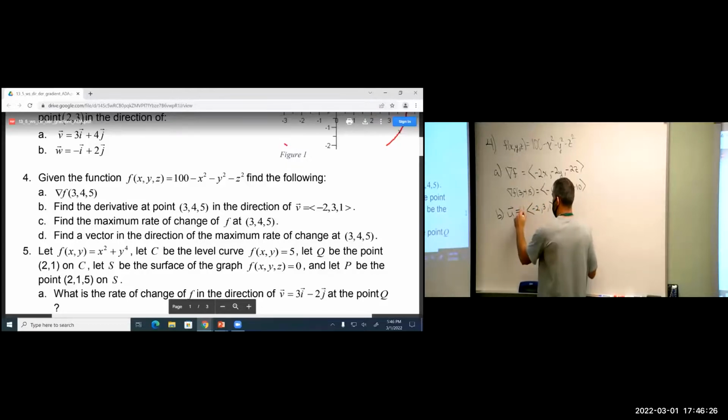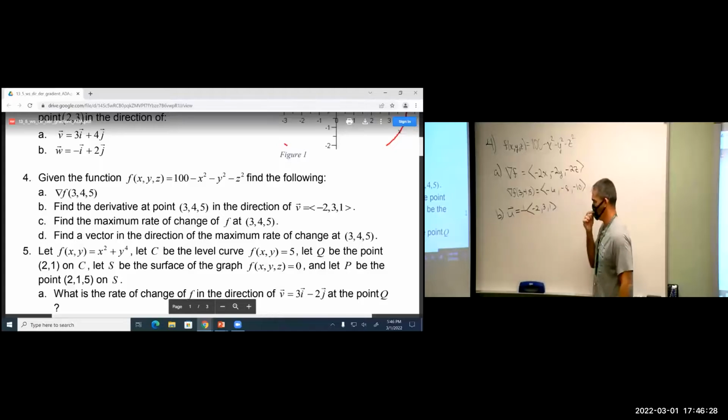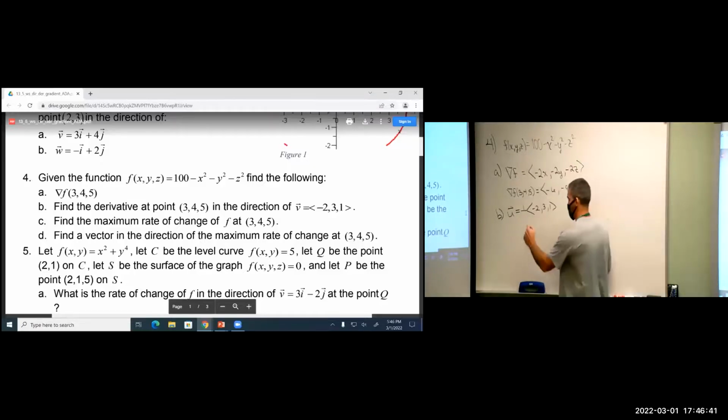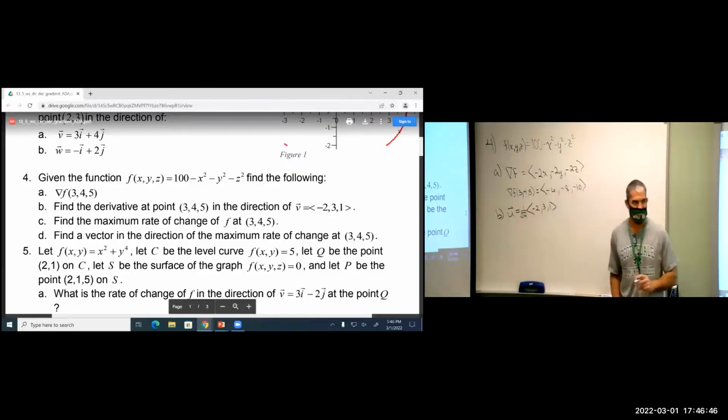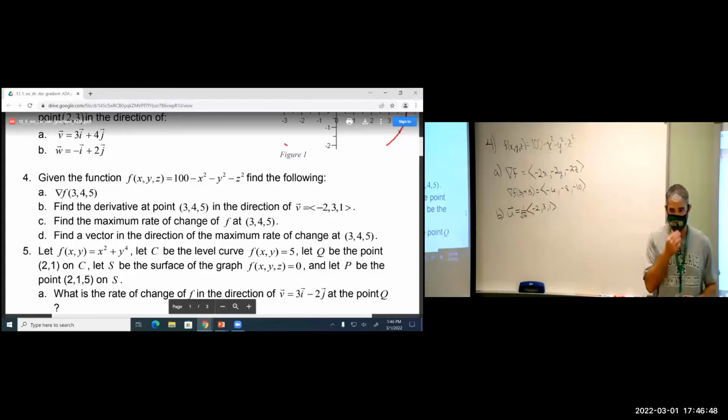But we have to divide by the magnitude, which is the square root of the sum of the squares of the components. 2 squared is 4, 3 squared is 9, 13, plus another 1 squared is 14. Square root of that. You can't forget that part, otherwise this thing will not come out correctly.